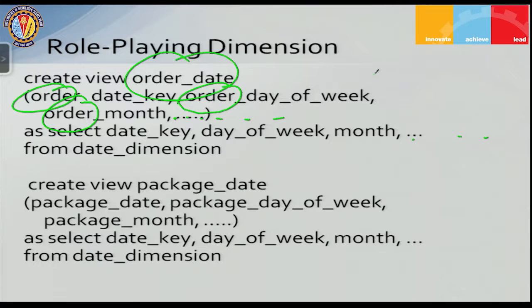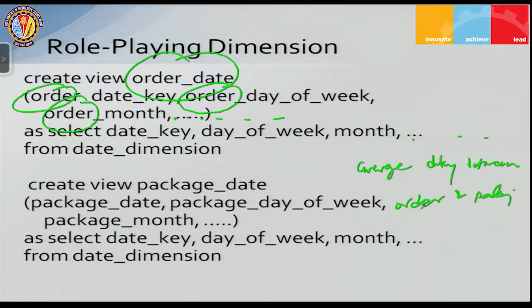So now if I pull out different attributes from these views into a report, and I want to do an analysis like what is the average delay between order and packaging, I can do this very easily using these two views that are there with me.